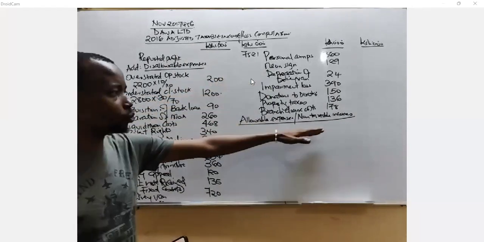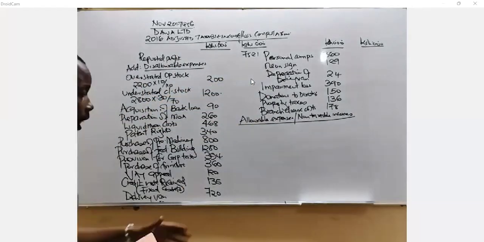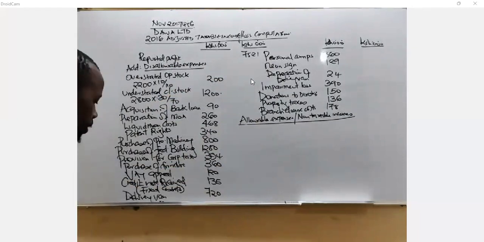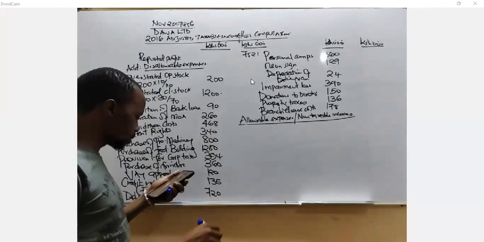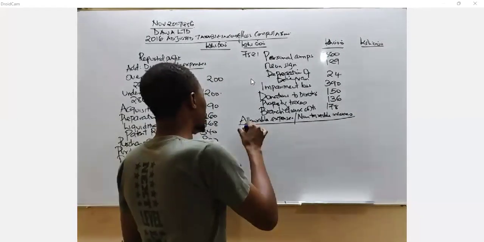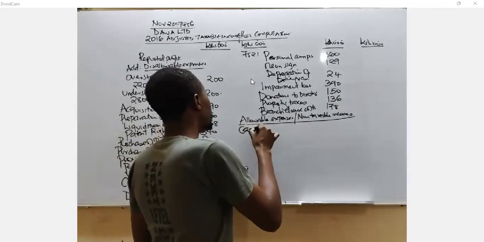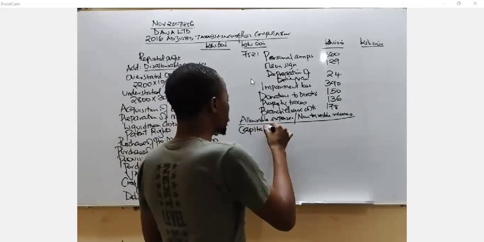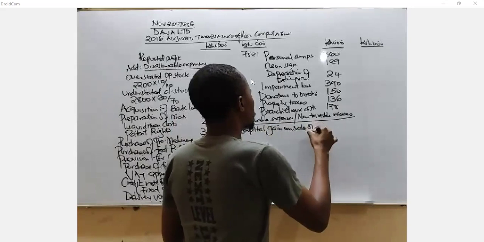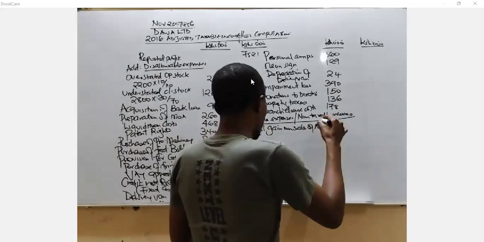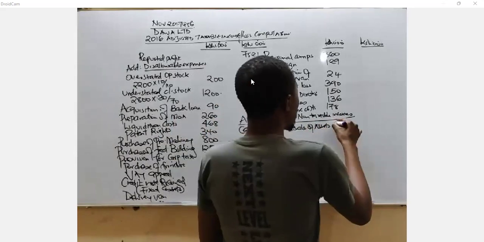So that is why we are doing the adjustment down here, deducting them together with allowable expenses. Allow me to start with non-taxable incomes, beginning with the capital gain on sale of assets, which amounts to 468.